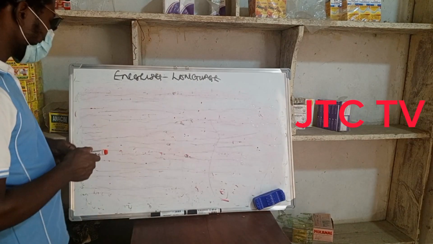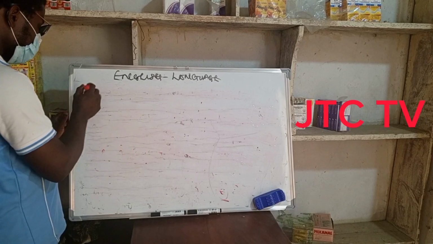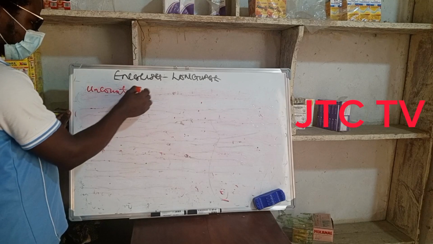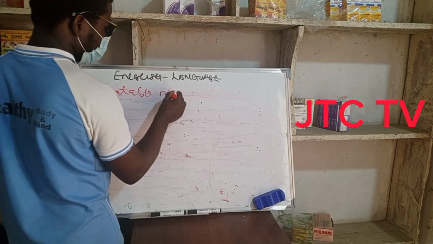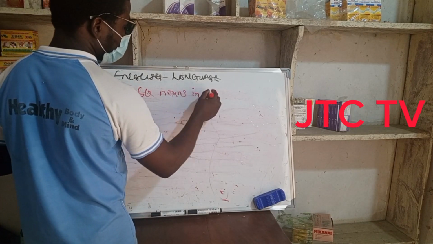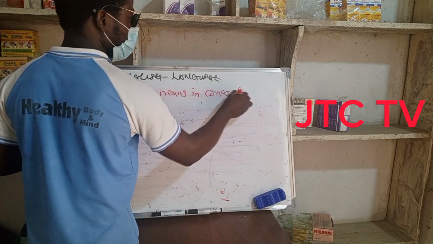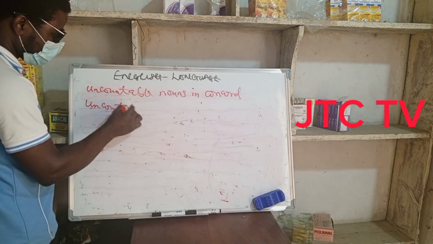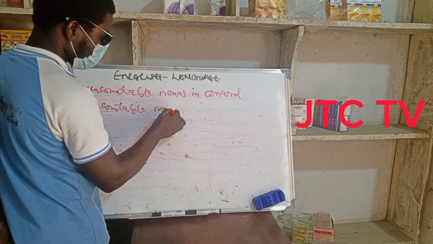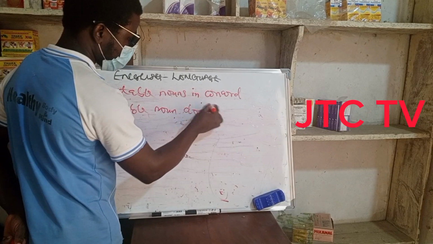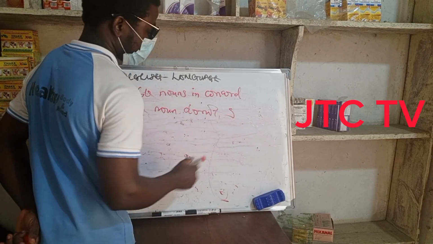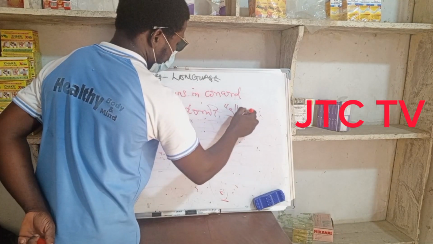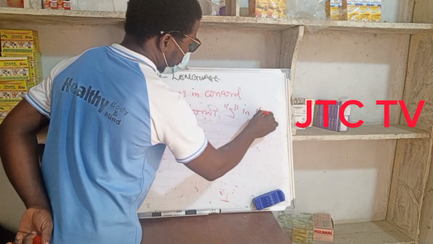So the next concord is uncountable nouns in concord. Uncountable nouns do not take X in their plural form.